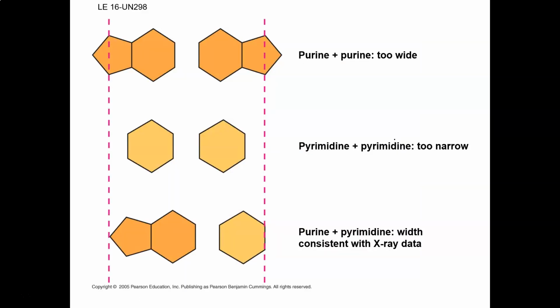One of the benefits of looking at X-ray diffraction data is that this is what gave Rosalind Franklin the idea that in order to fit the diffraction patterns that she saw with DNA, the only way it would really fit with the 2 strands of DNA is to have a purine in one strand juxtaposed to a pyrimidine in the other strand.